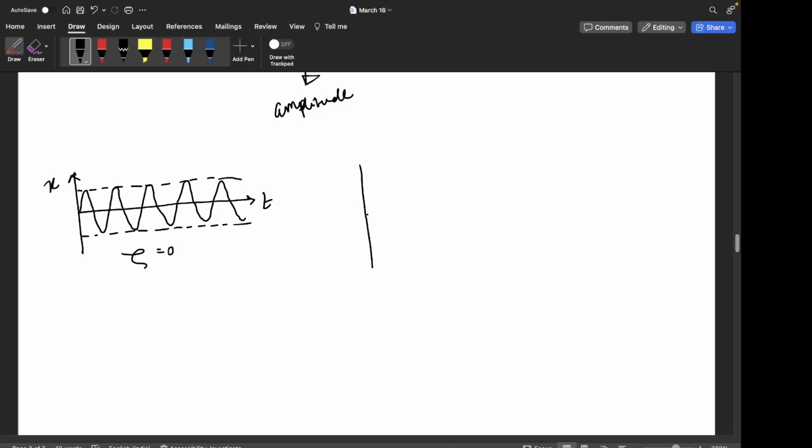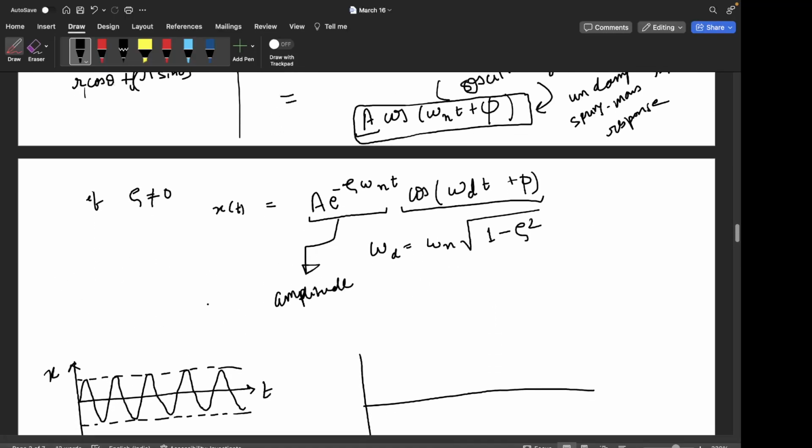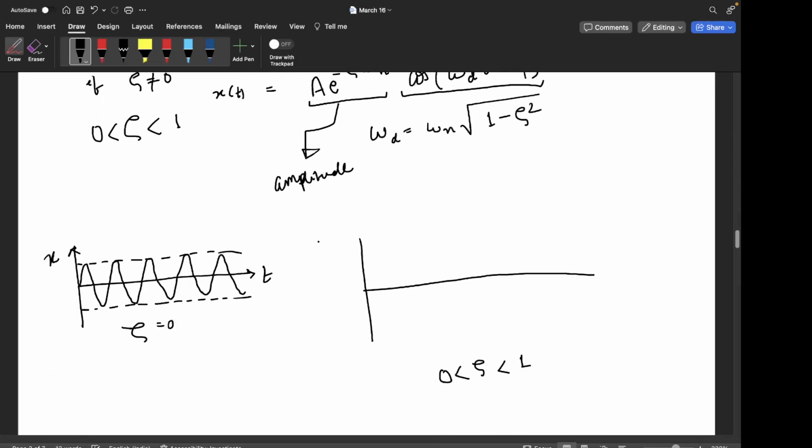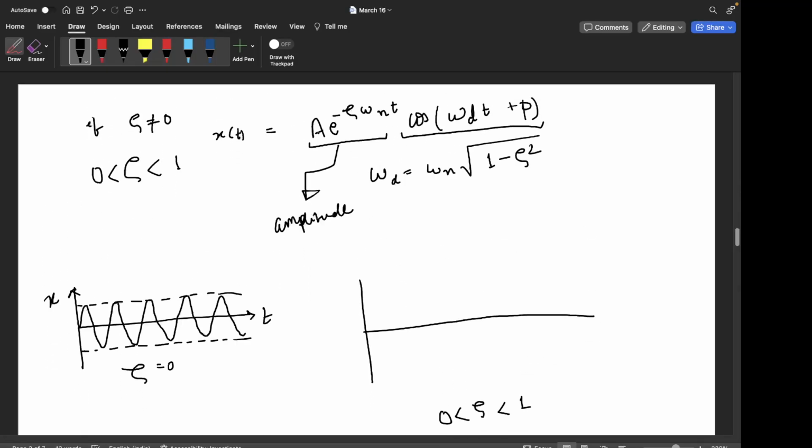Now can you guess what will be the case when there is damping? And damping xi is between 0 and 1. That's the next case we are considering. So see this amplitude term. This is a fixed number multiplying a decaying exponential function, right?